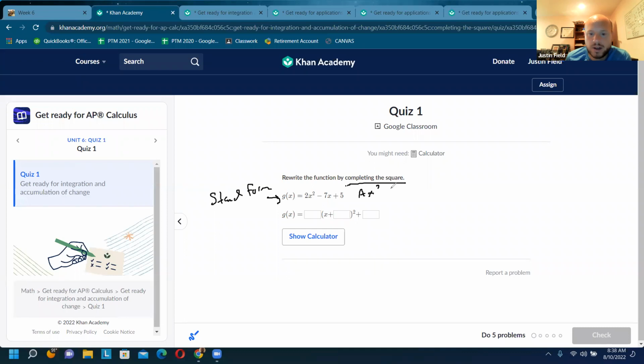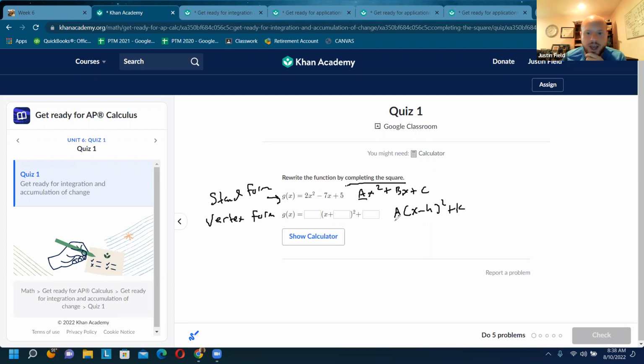Ax squared plus bx plus c. Do you know the second form right here? This is in vertex form, and that would be a times x minus h squared plus k.